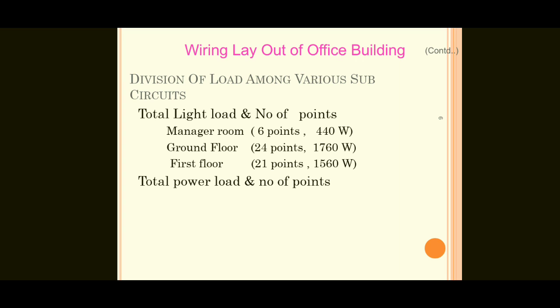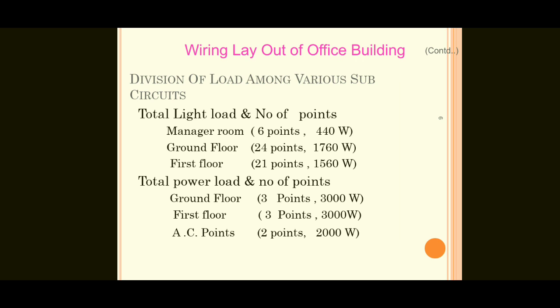Total power load and number of points: ground floor 3 points, 3000 watts; first floor 3 points, 3000 watts; AC points 2 points, 2000 watts.